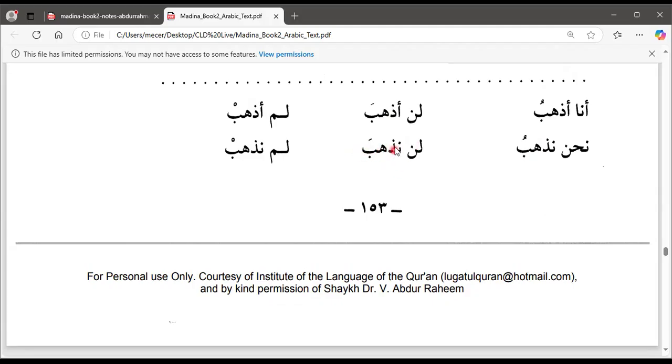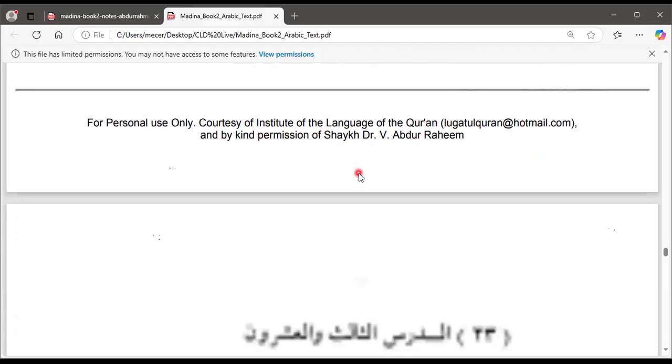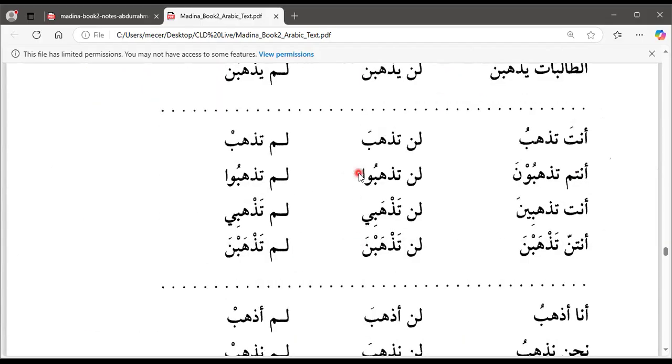Lan nadhaba is fi'l mudari' mansub, alamatu nasb, but lam nadhab, fi'l mudari' majzum, alamatu jazm bisukun. So this is how you understand the modes of the fi'l.